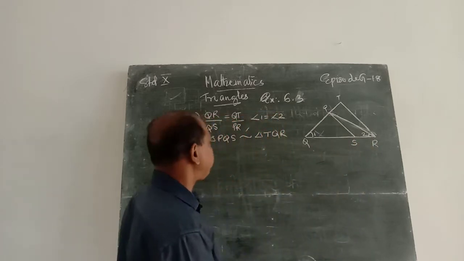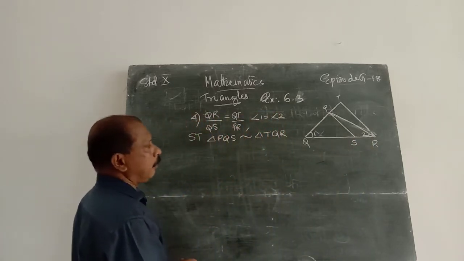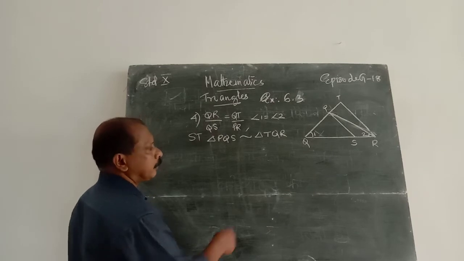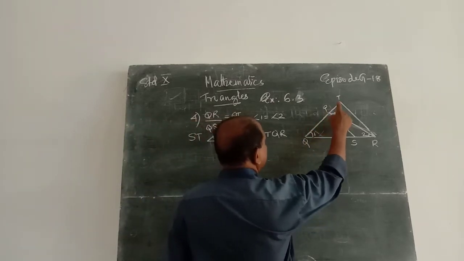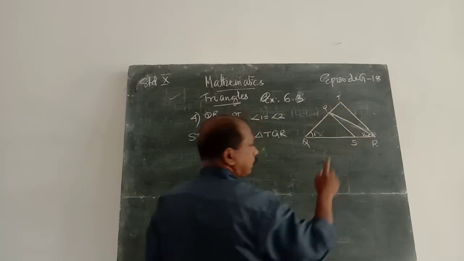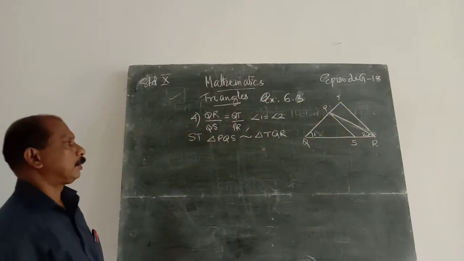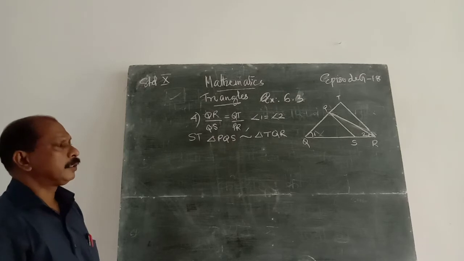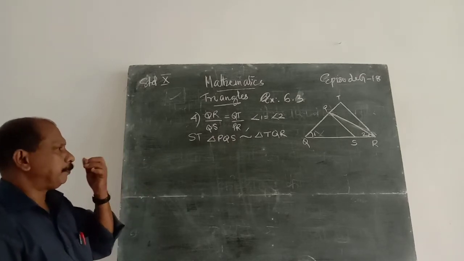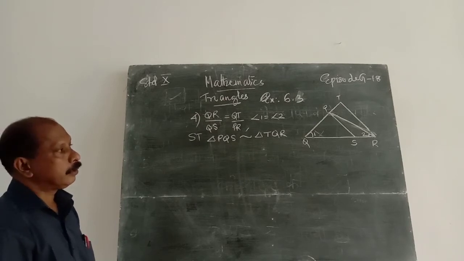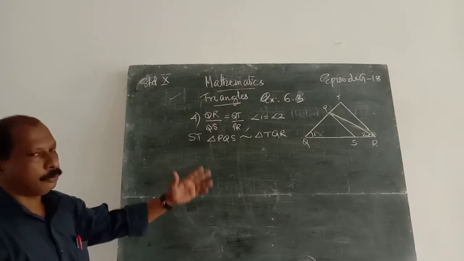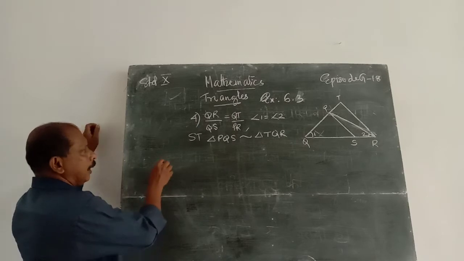They are equal. So triangle PQS is similar to triangle TQR, we can prove the result. In this case, we know that PS is parallel to TR. That is our figure.